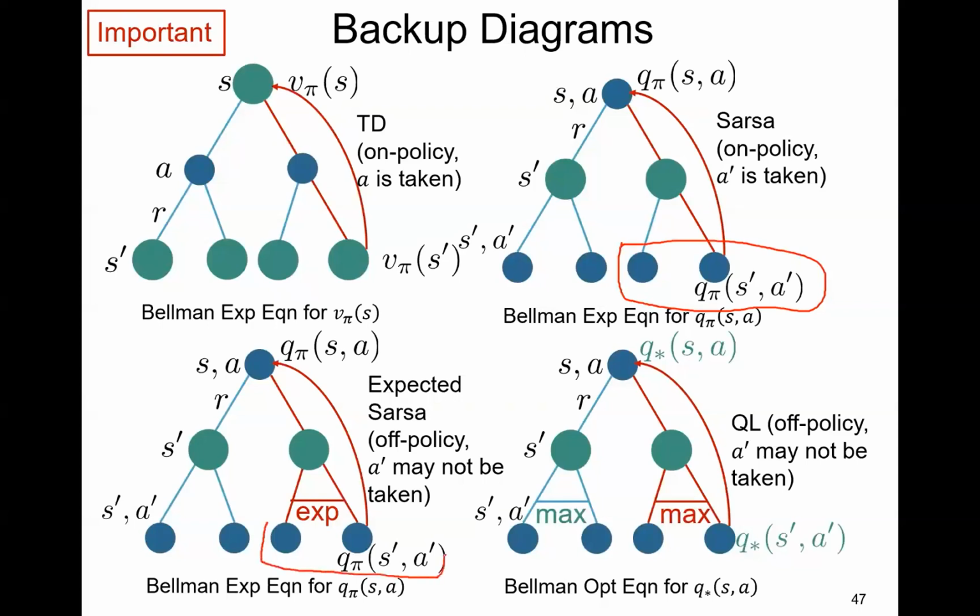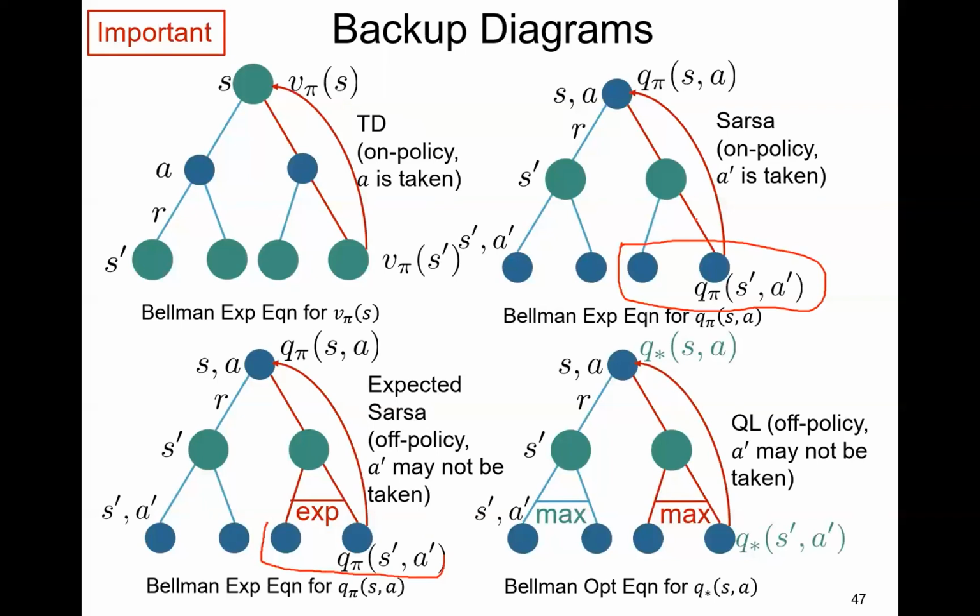So suppose you had 100 different choices of A primes. Sarsa may perform 1,000 samplings to get an accurate estimate of the expectation over all possible A primes. But expected Sarsa can get that value by one single expectation evaluation.